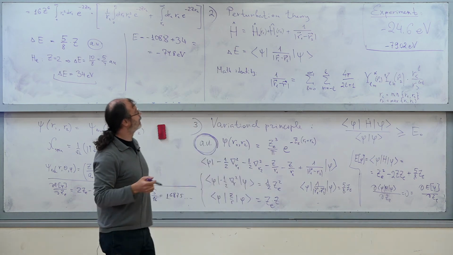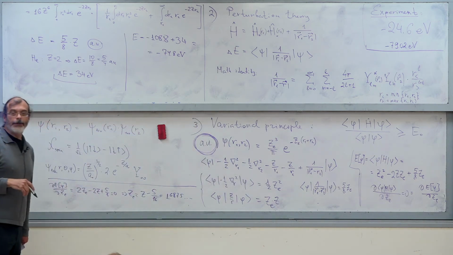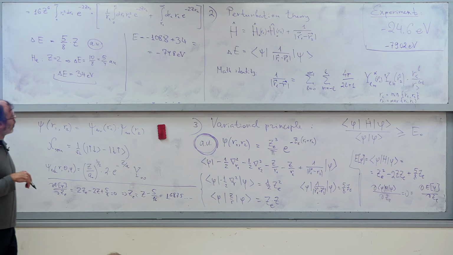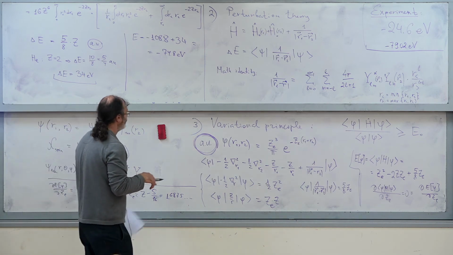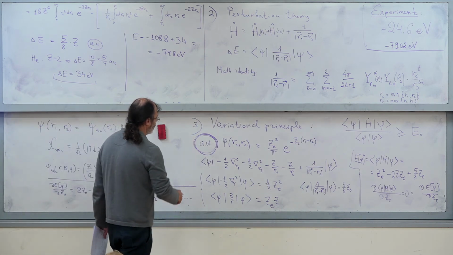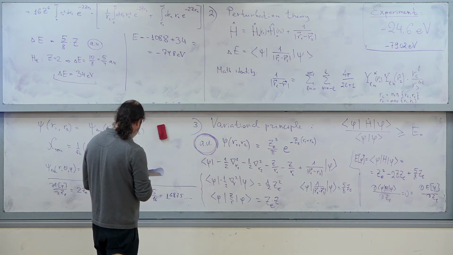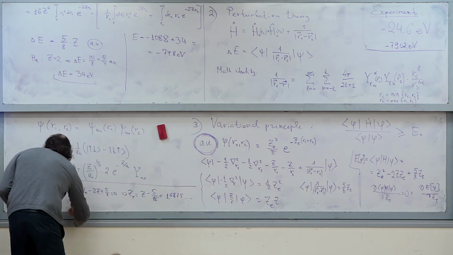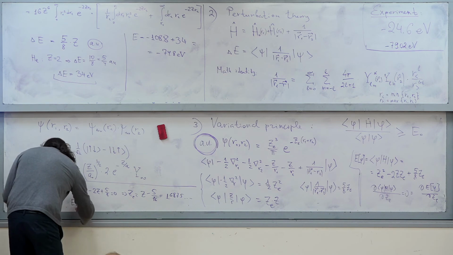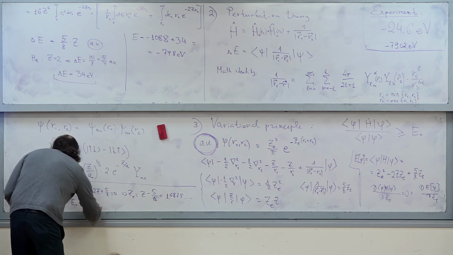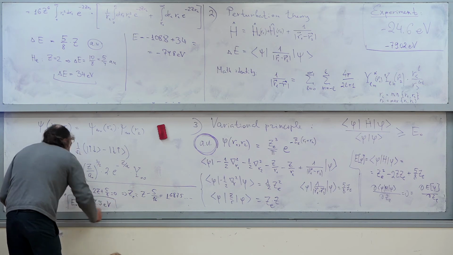Well, it's the binding energy. So what is this number? If you calculate that, E0 will be equal to minus 77.5 electron volt, calculating the expectation value.